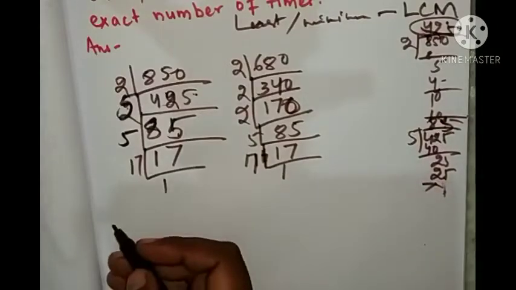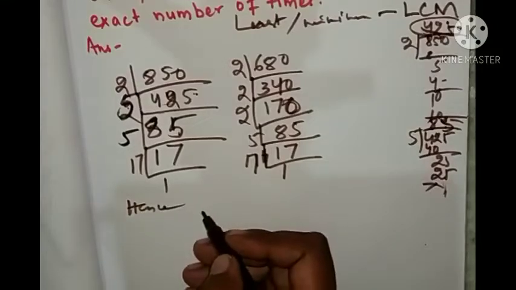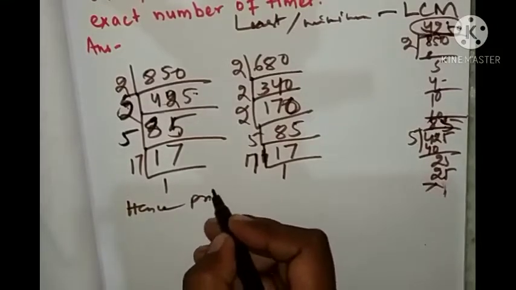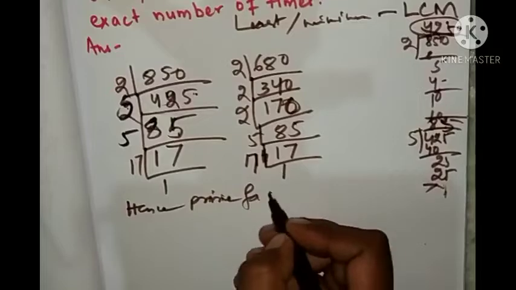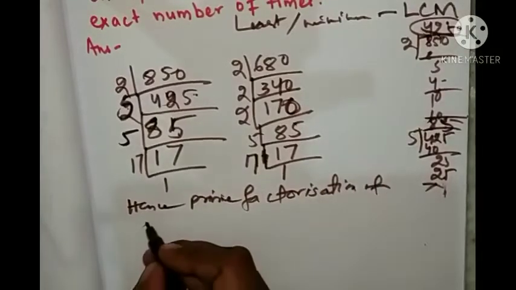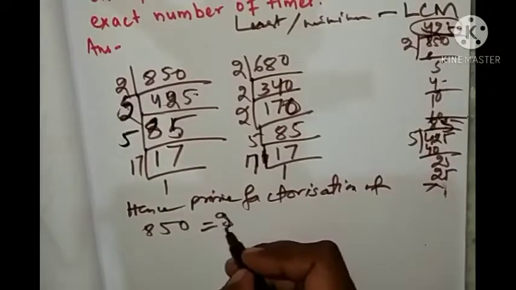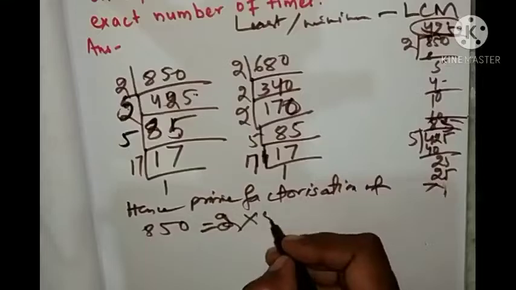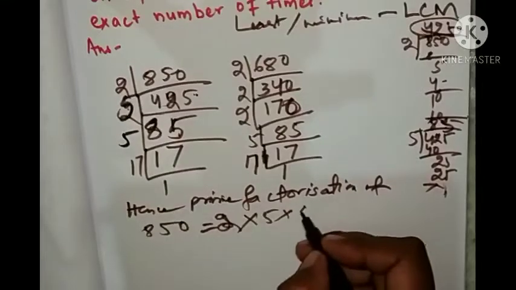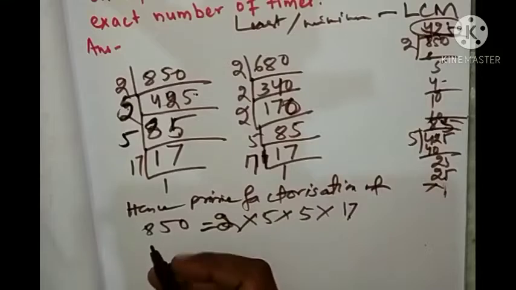So let's write out the prime factors. So the prime factorization of 850 equals 2 into 5 into 5 into 17, and for 680.